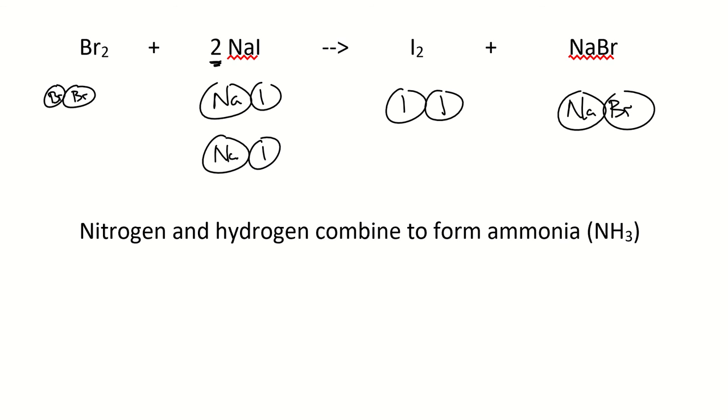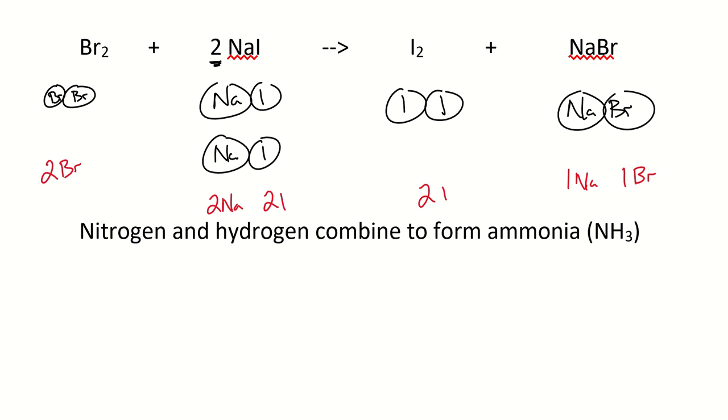So I want to count up our atoms. And if we look, I see two bromine on the right, but only one bromine on the left. I see two sodium and just one sodium, but I do see two iodine and two iodine. So I know, based on my particulate model, that I've lost some sodium and lost some bromine.